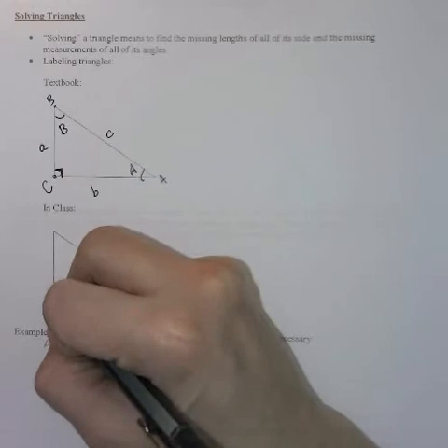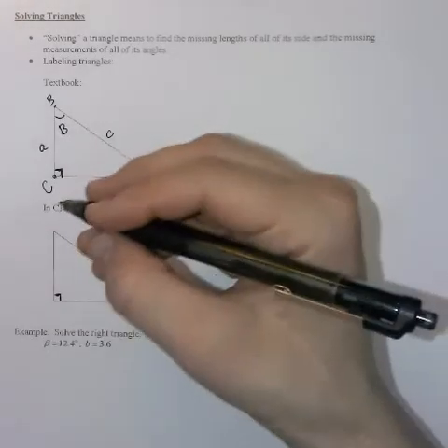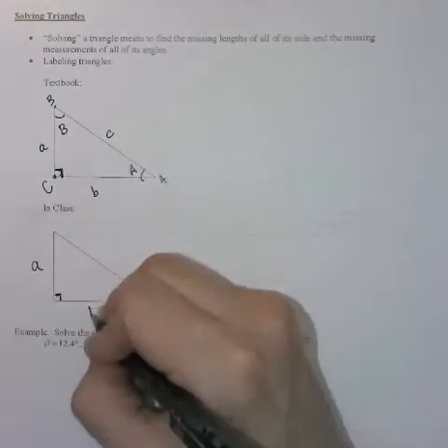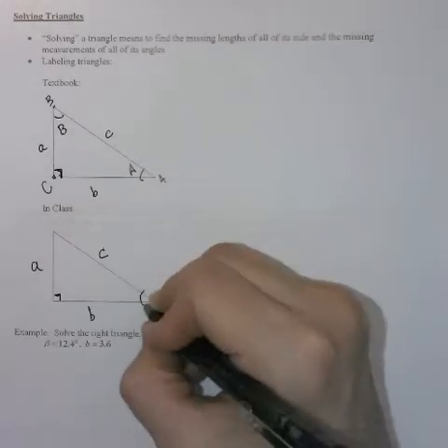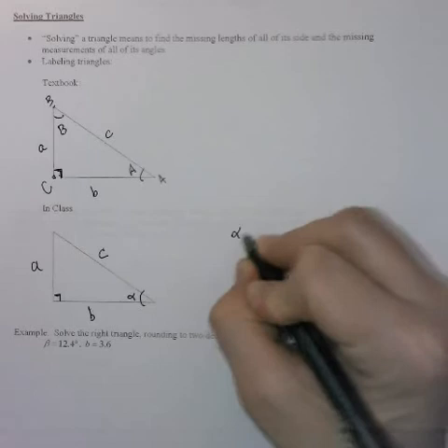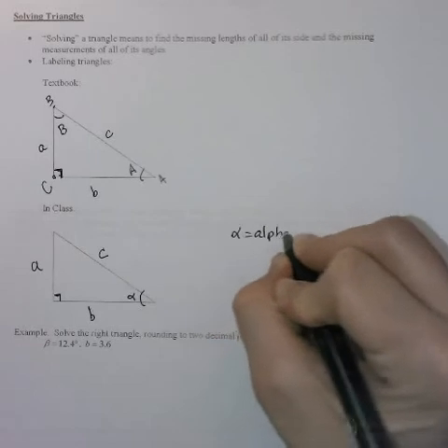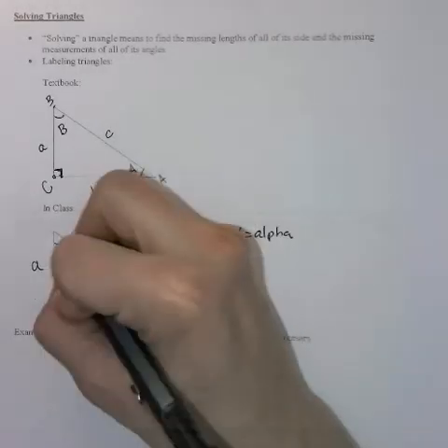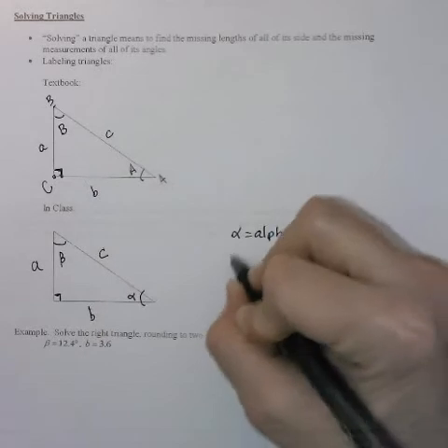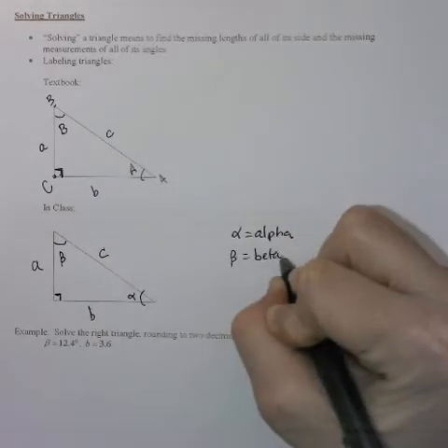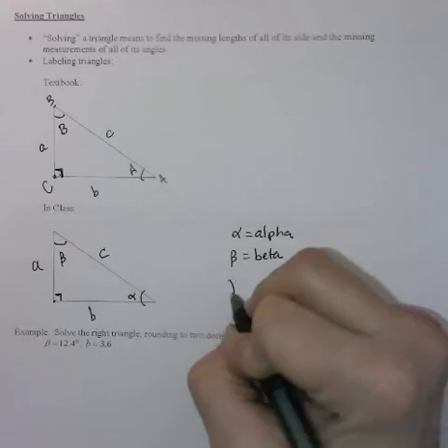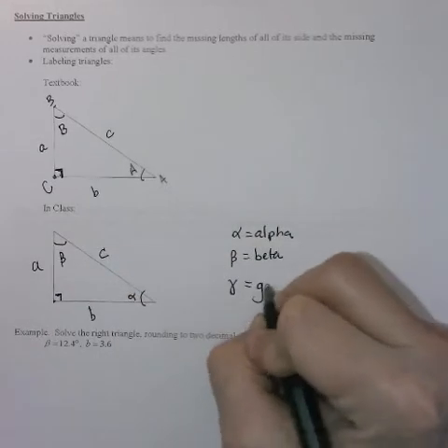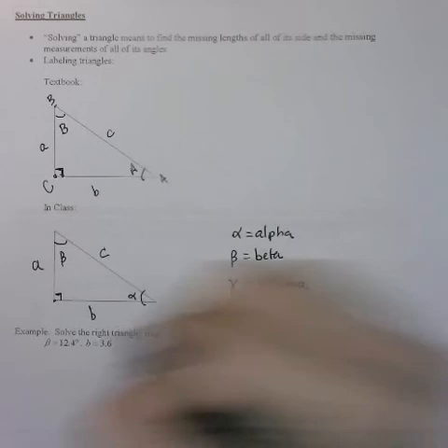So we'll still call the sides little a, b, and c, but the angle across from a, I'm going to use alpha. The angle across from b, I'm going to use beta. And then the right angle, later that won't need to be a right angle, but I'm going to use gamma for that.